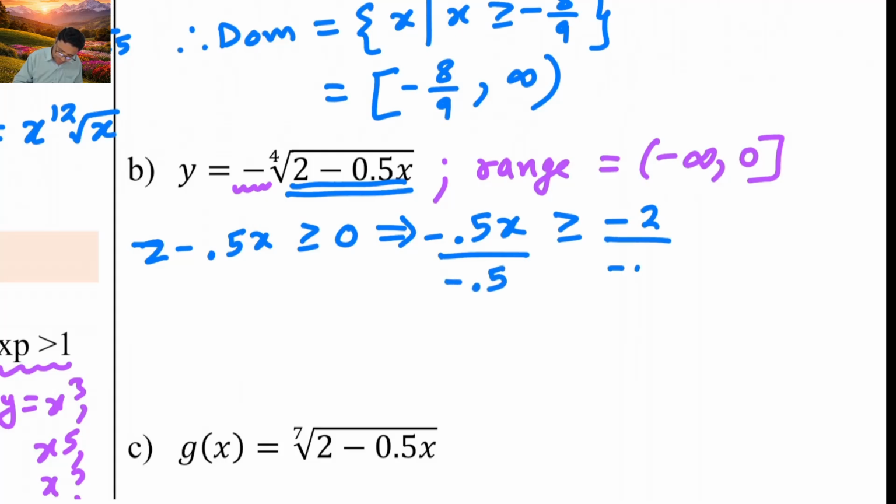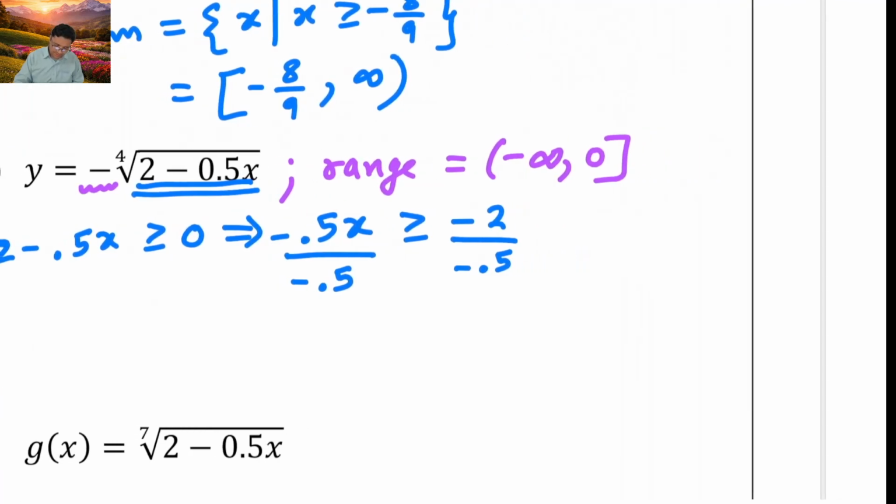This time I'm going to show it clearly so there is no confusion. Divide both sides by negative 0.5. What happens? This inequality should flip. Those are the rules of inequality, right? If you divide by a negative number, you change the sign. So this implies x will be equal or less now.